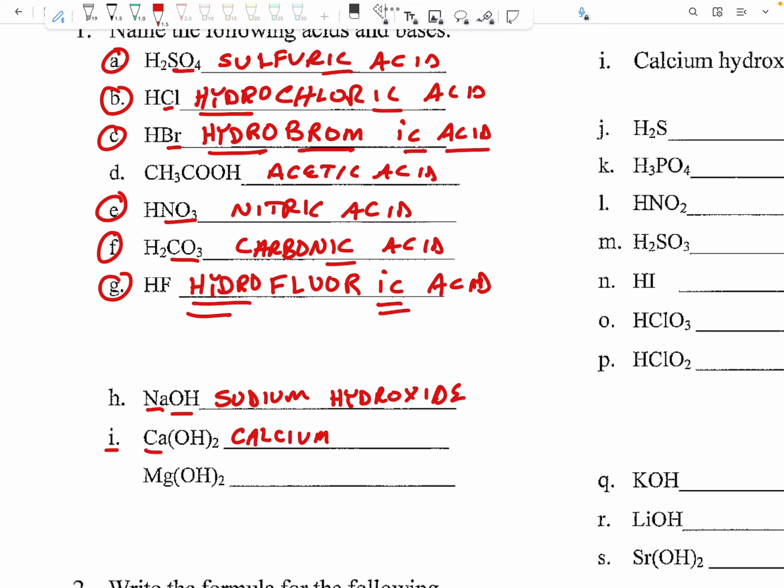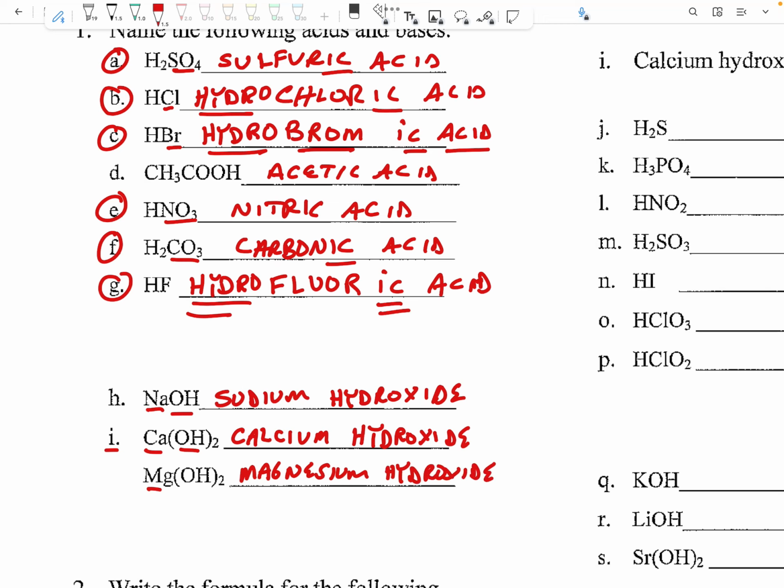So we just write the name of that metal, and then we look at the other end, we have hydroxide. Doesn't matter if it's in parentheses with the 2, you just write the word hydroxide, and that's how we name it. Magnesium. And this one is hydroxide again. And there's how you name those.